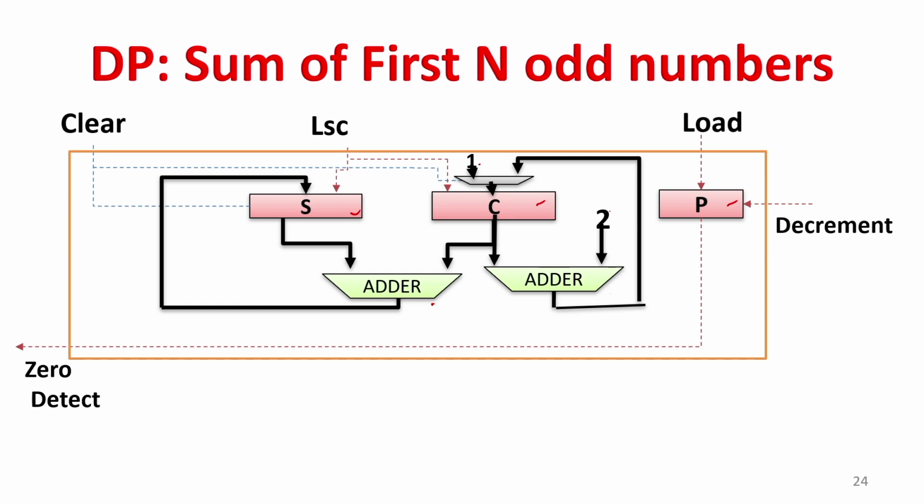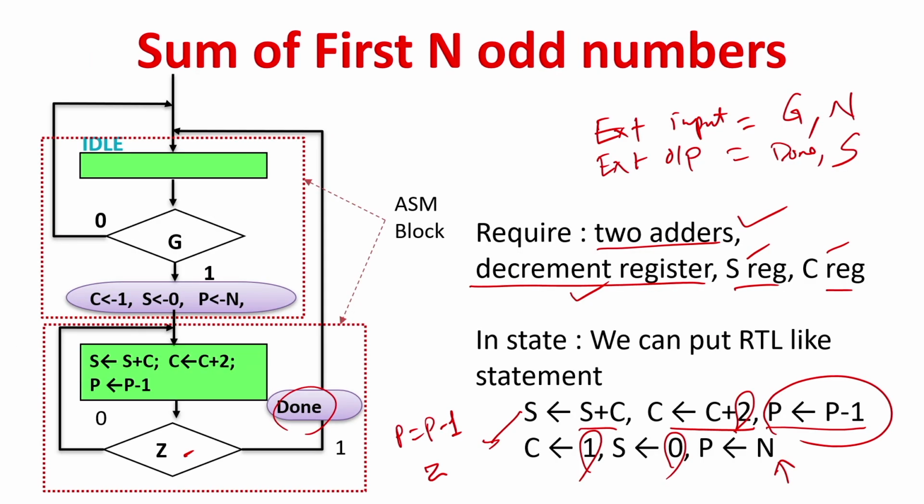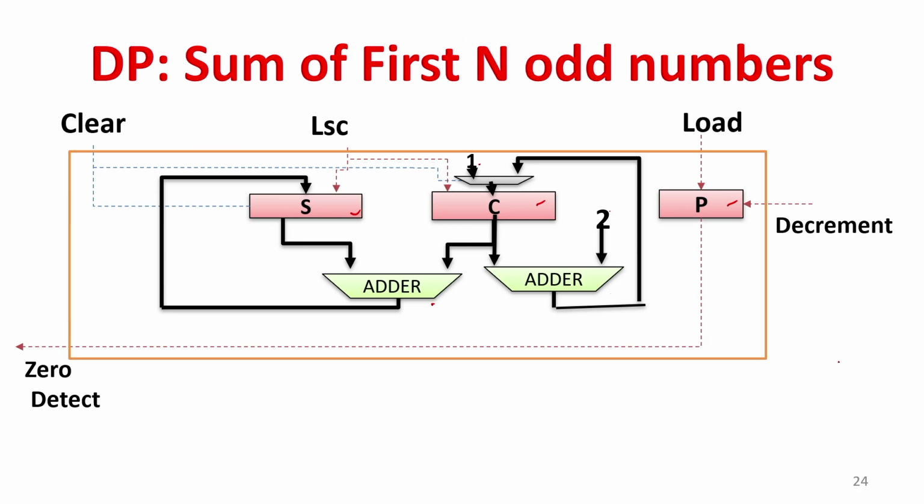In our earlier case, we are loading S with 0 and C with 1. So in our example we need to load 1 to C and 0 to S; this is the load case, LSC, load S and C. And if you clear, you make C equal to 0 and S equal to 0.